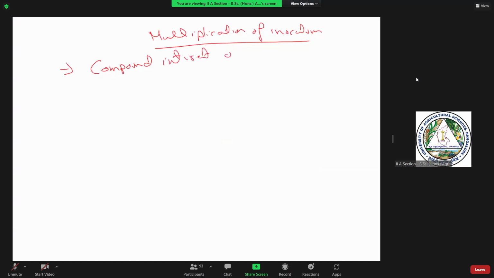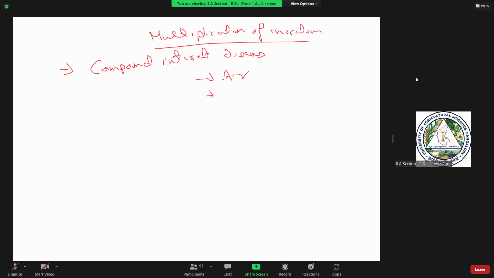A compound interest disease is analogous to compound interest on money. The pathogen produces spores at a very rapid rate and spreads or disseminates through air, and spreads rapidly.